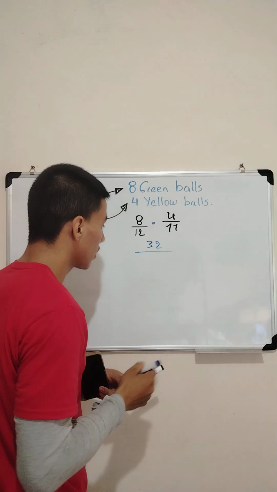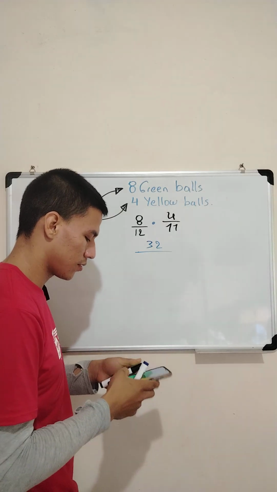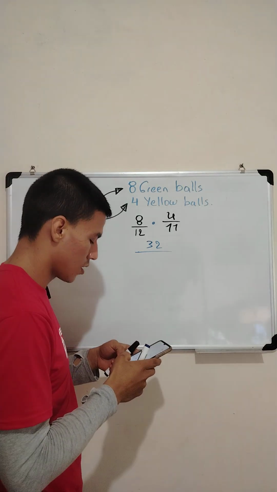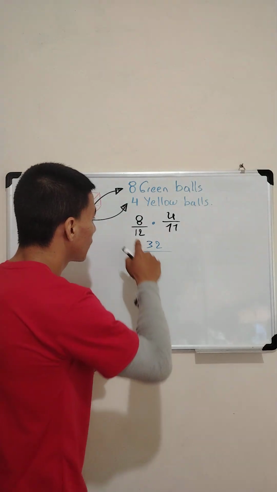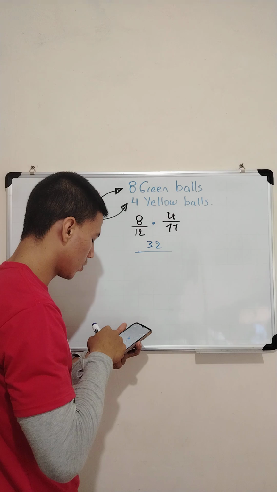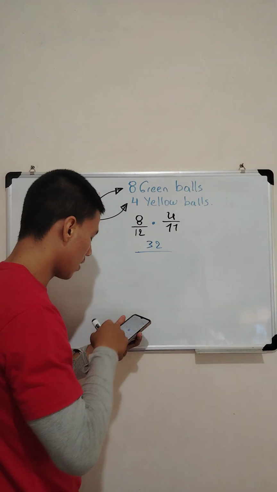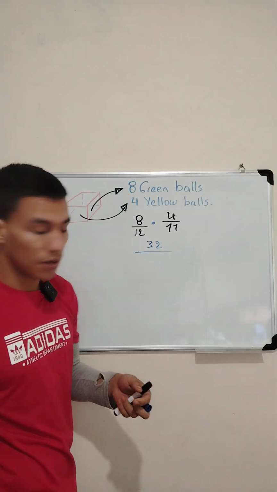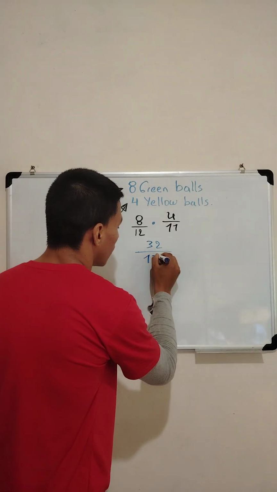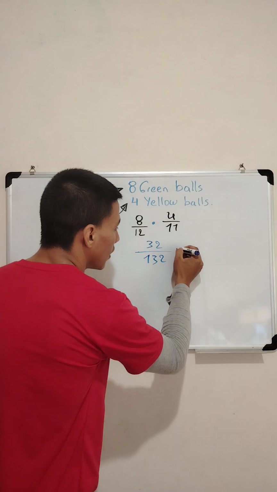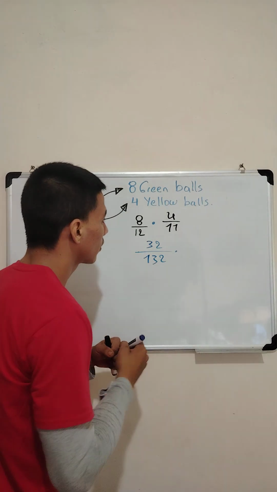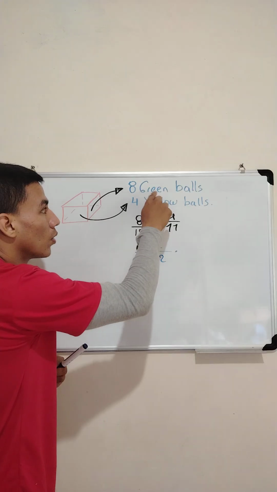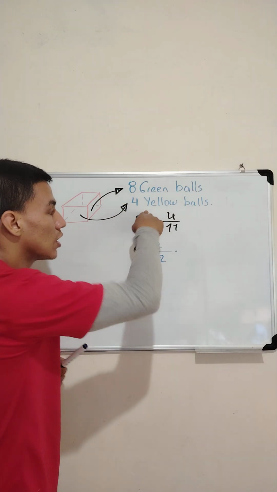Let's check this out. 4 times 8 equals 32, and 12 times 11 equals 132. So this will be the result, the product of the probability of drawing a yellow ball, followed by a green ball.